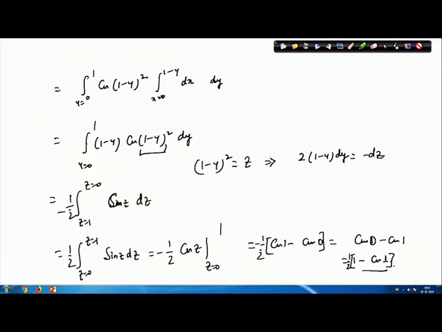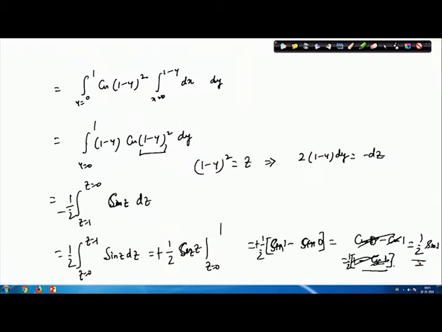So this is basically cos z, and the integral of cos z is sin z, so we will not get any minus here, and this is plus, so this will be sin 1 minus sin 0, so ultimately we will get half of sin 1, right? So we won't get these. So half of sin 1 is the required answer.